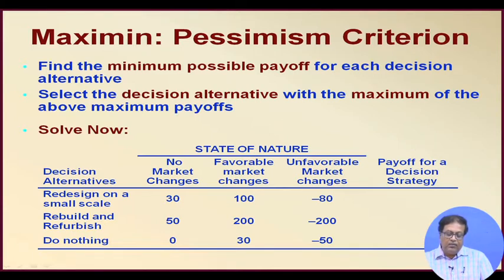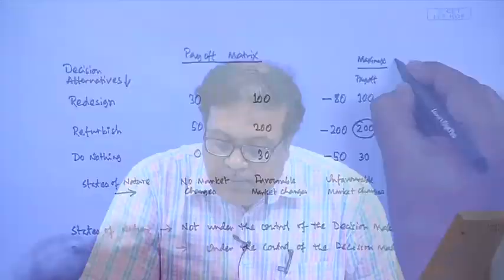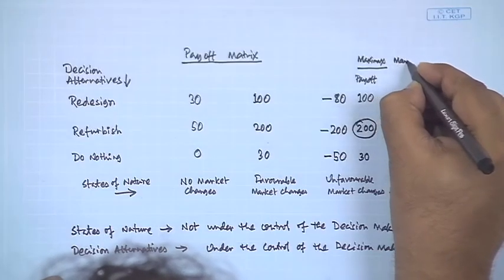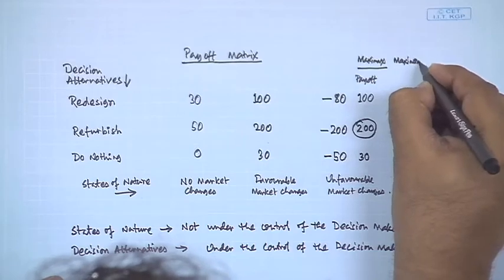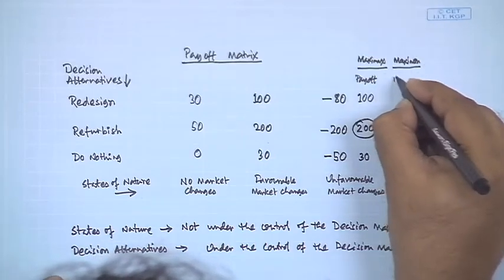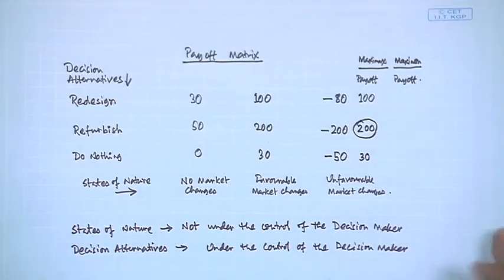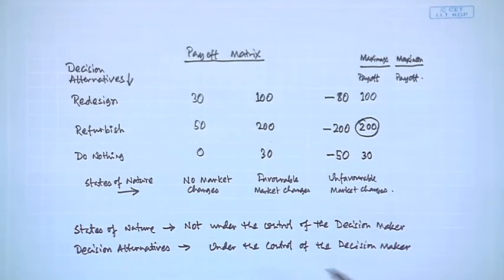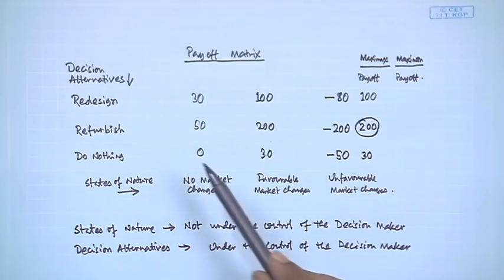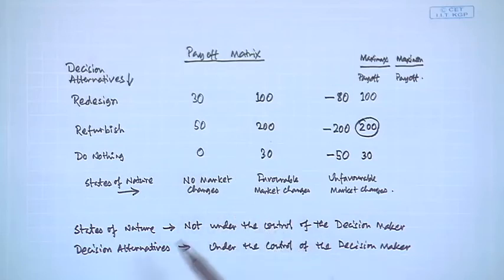So, let us go back and see what is there for a Maximin operator payoff. For a Maximin operator, the person is a pessimist. Because of pessimism, the person thinks that for every decision alternative, the worst state of nature is going to happen.